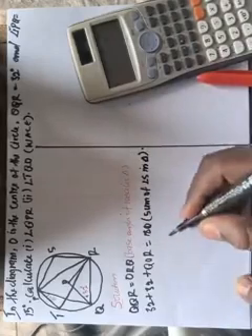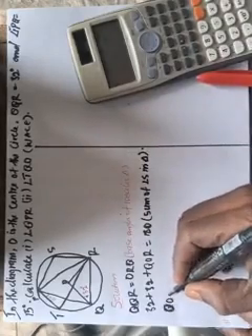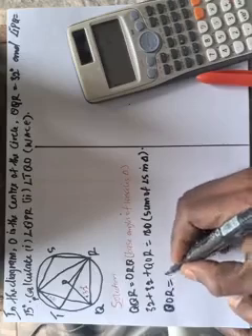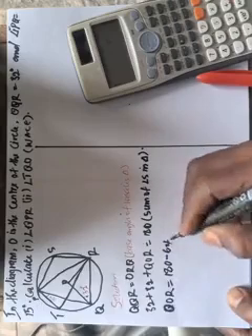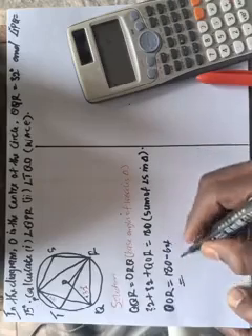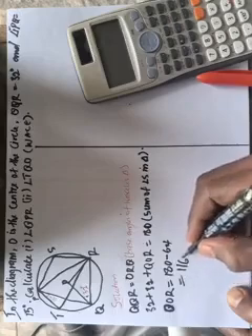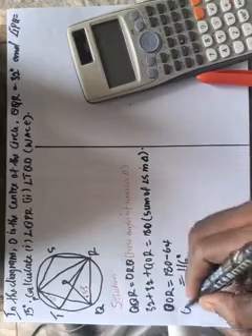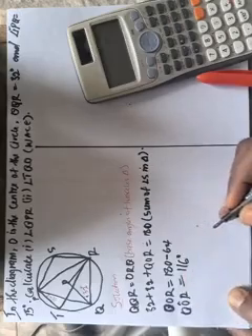So now I can know the value of my QOR. My QOR will be equal to 180 minus 64, which will give you 116 degrees. That's angle QOR at O equals 116 degrees.